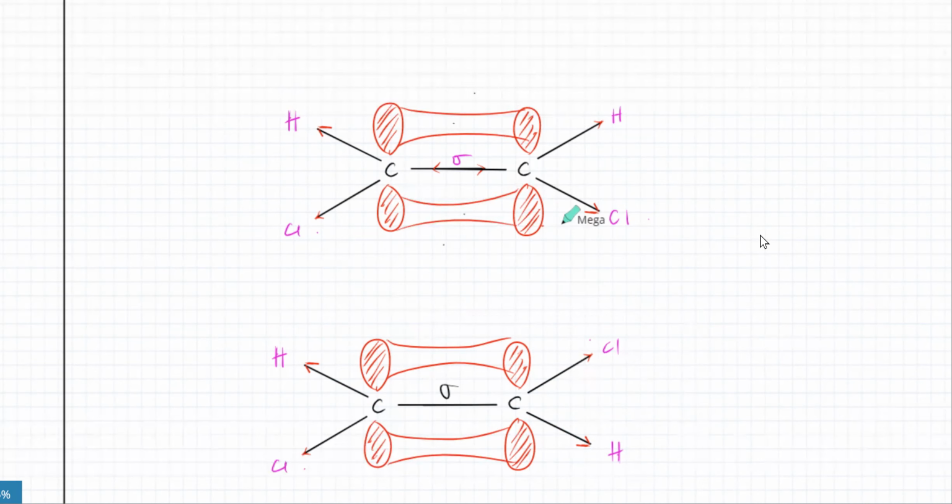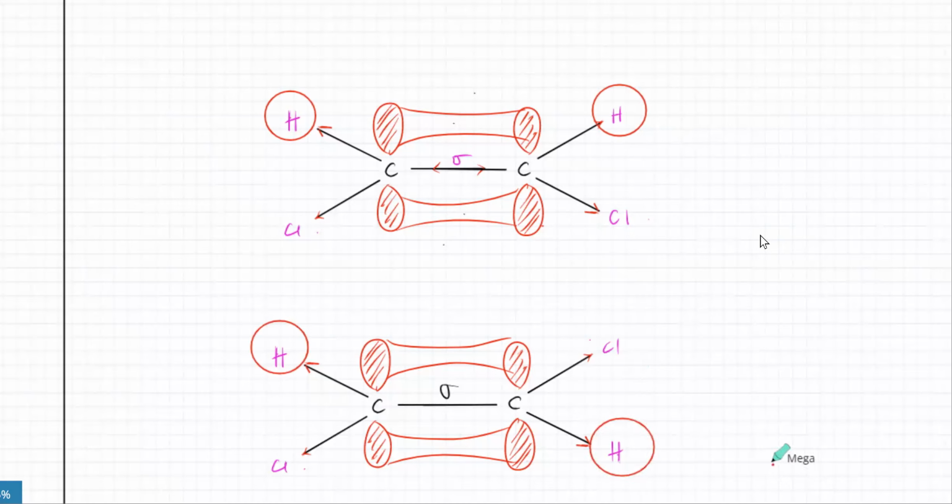Now the point I'm trying to make here is that when this bond was forming, in the first molecule, the 2 hydrogens on the sides, they're pointing in the same direction. They're both pointing upwards. In the second one, the second carbon atom connected in a different orientation, which made the 2 hydrogens point in opposite directions. Is the idea clear?